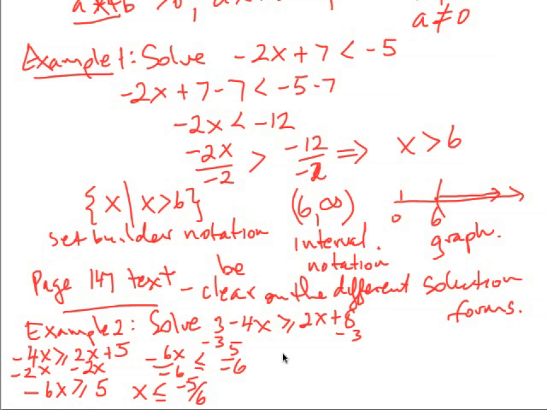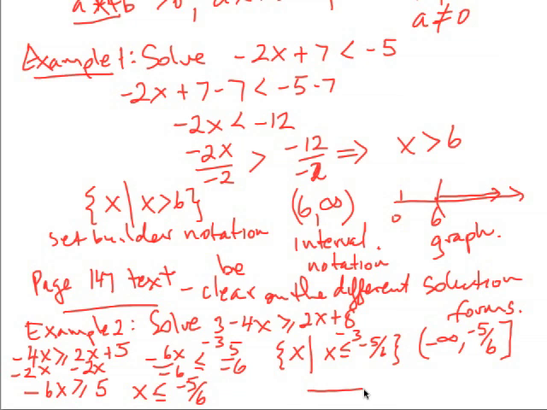Now it's equal to, so there are a couple of ways of writing the solution here. It would be the set of x such that x is less than or equal to negative 5/6. In interval notation, it would be from negative infinity to negative 5/6, but including it, so we use a square bracket, like so.